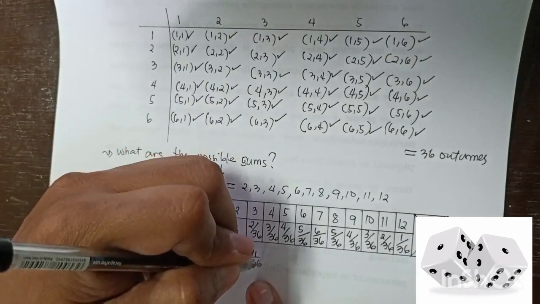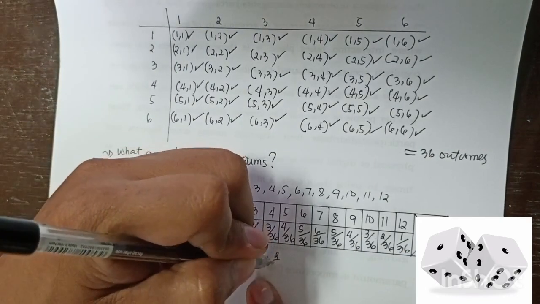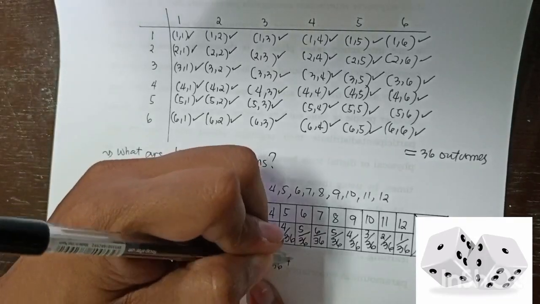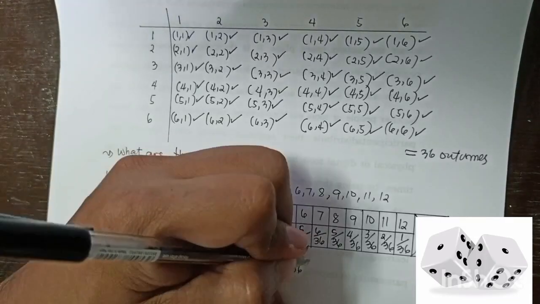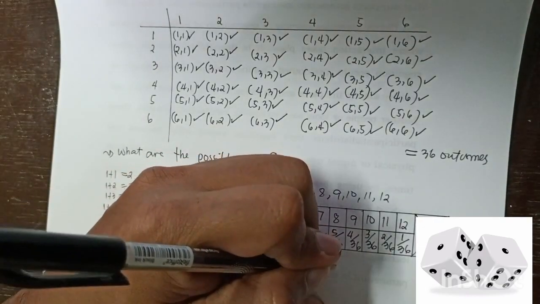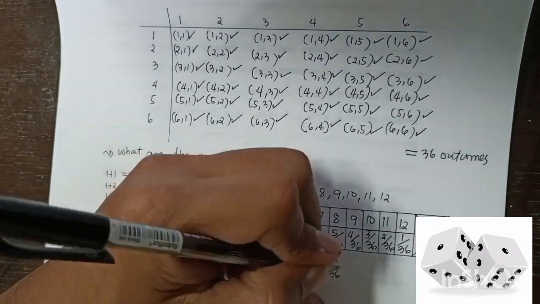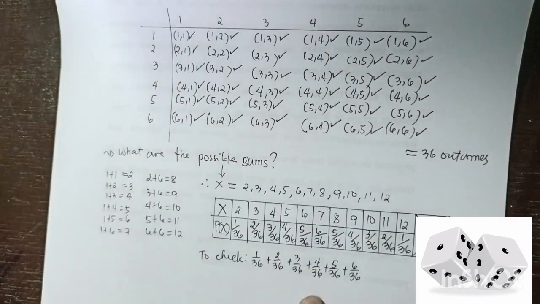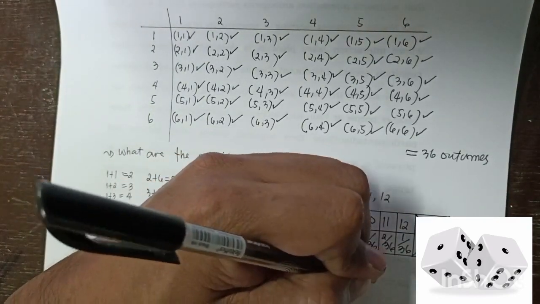To check, we simply add these probabilities, and we have to make sure that they add up to 36 over 36, which is equal to 1.